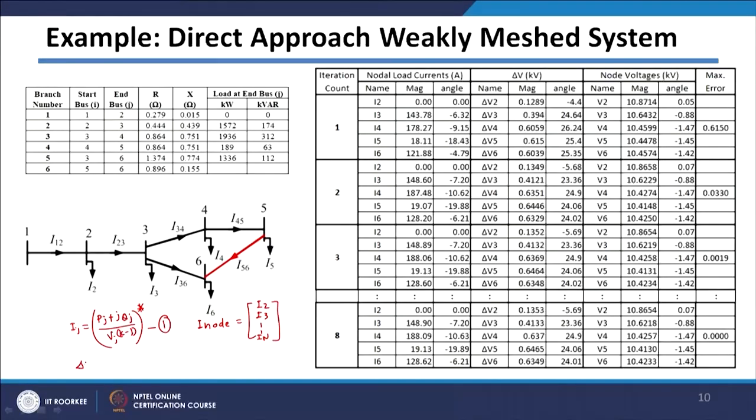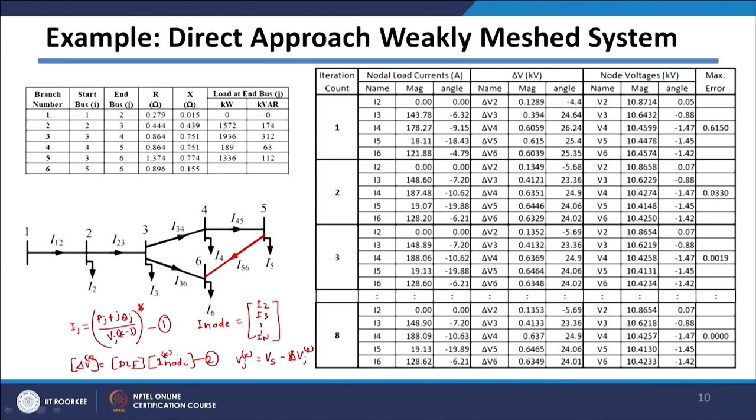Then we get delta V, which is the DLF matrix you have formed in the last slide, multiplied by your I node matrix, and this is your equation number 2. And the third equation is Vj at kth iteration will be equal to Vs minus delta Vj at the kth iteration. So, here we are getting Vj at the kth iteration using the nodal current at the kth iteration.